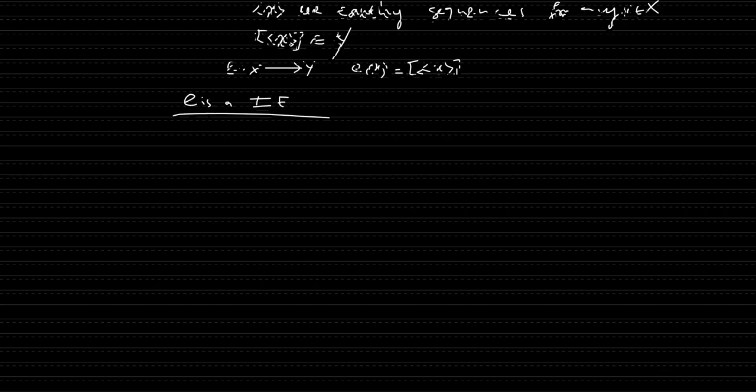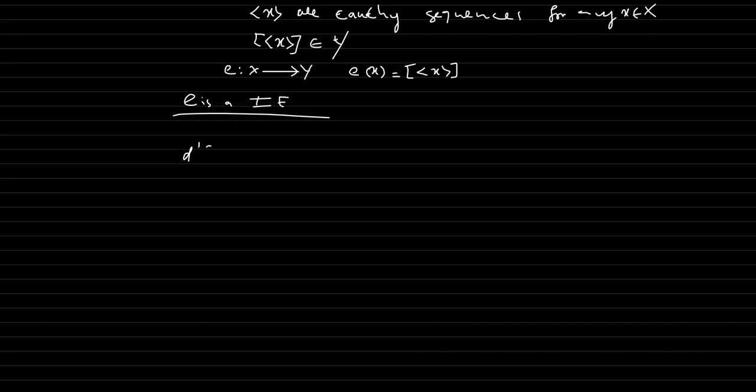To prove this, consider d dash of E of x, E of y for two elements x, y in X, and this is equal to d dash of what is E of x? The class represented by x. And what is E of y? The class represented by y.